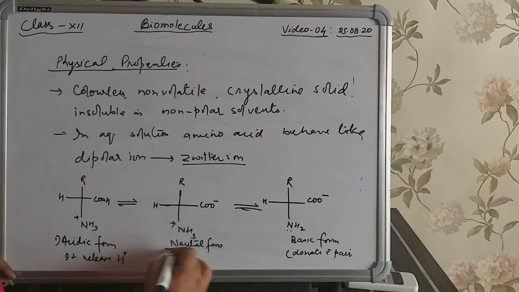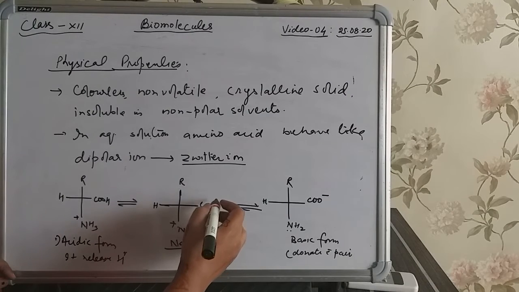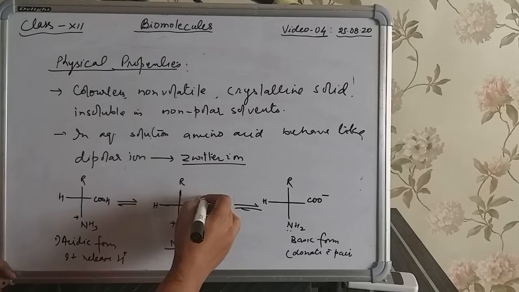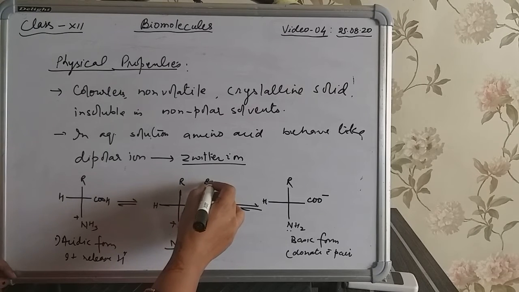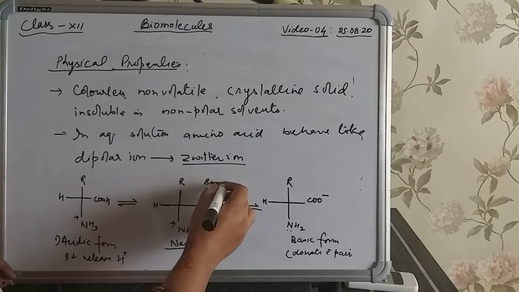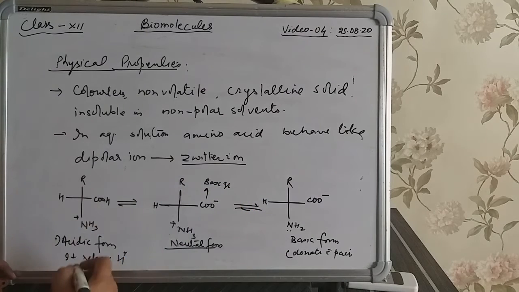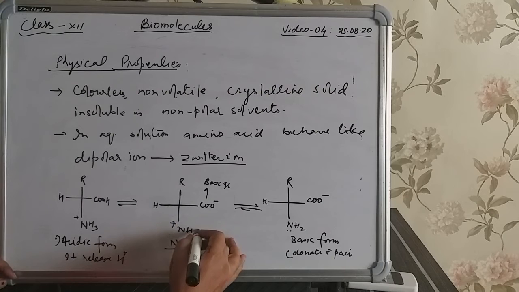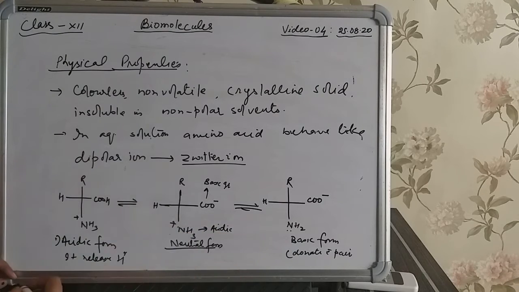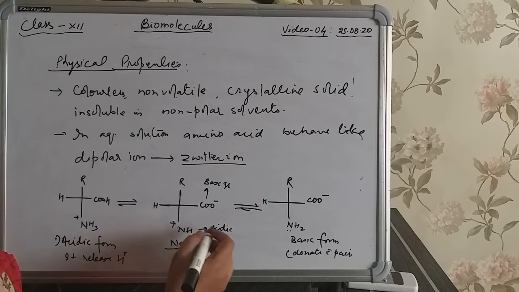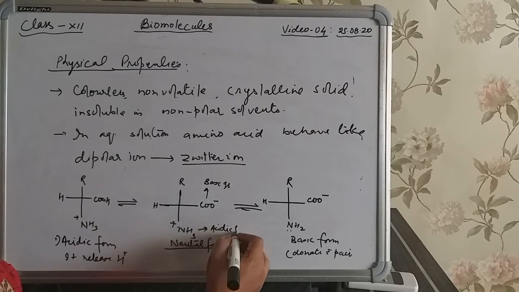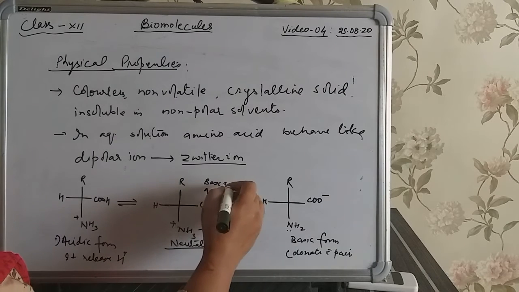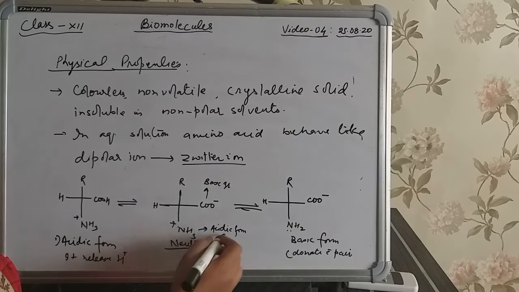Because this group is called the basic group because it has tendency to accept proton, and this group is called the acidic form because it has tendency to release H plus ion. Basic form and acidic form.